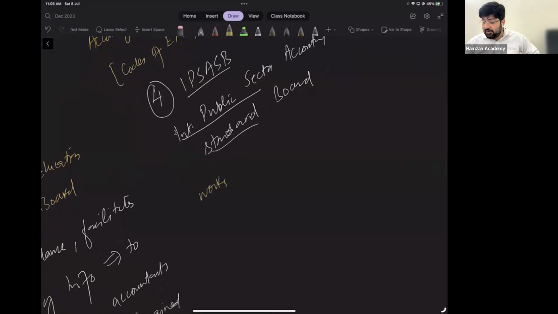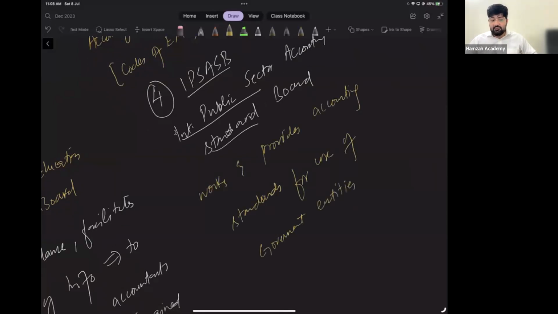It provides accounting standards for use of government entities, to produce their financial statements, financial reports.